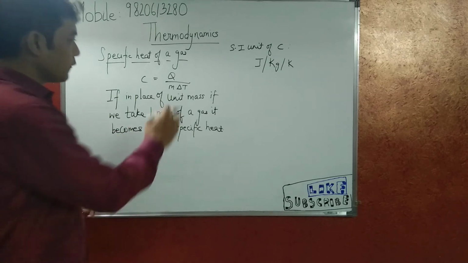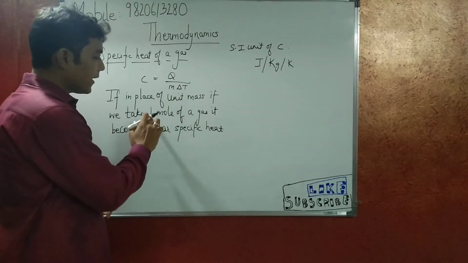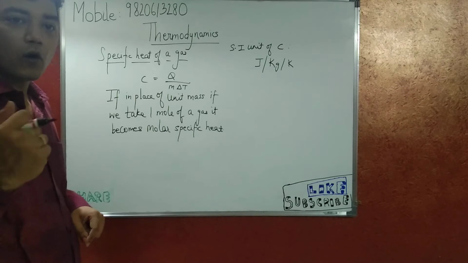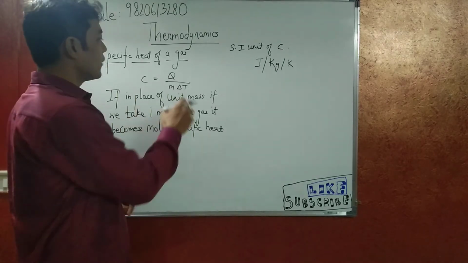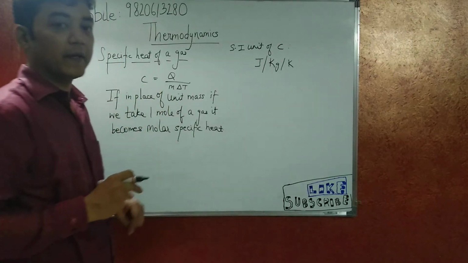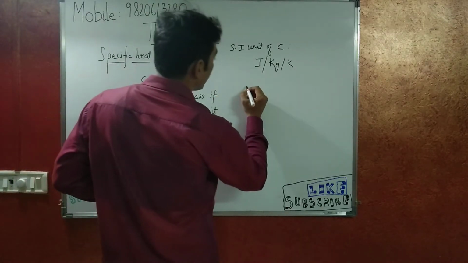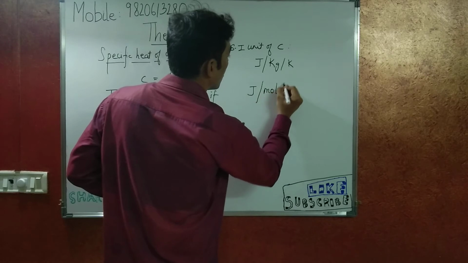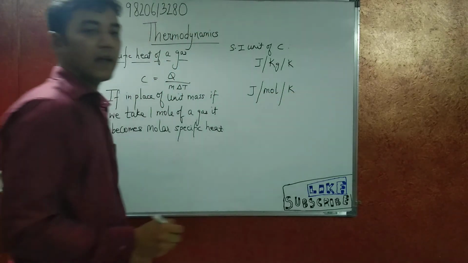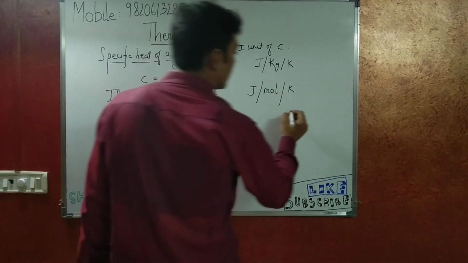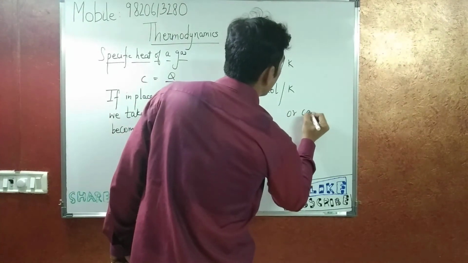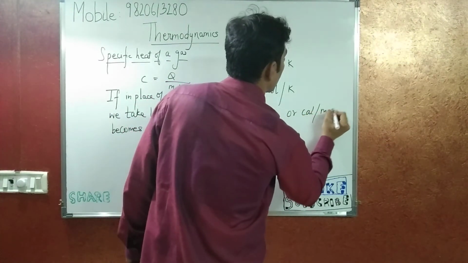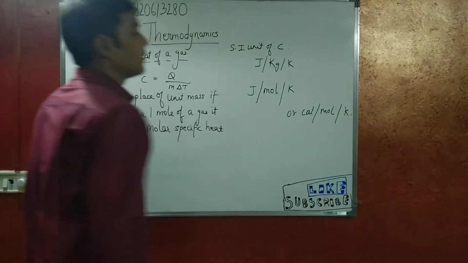Now, in place of unit mass, if I take 1 mole, then what will be the SI unit of specific heat of gas? It will be joule per mole per Kelvin, or you can also consider calorie per mole per Kelvin.